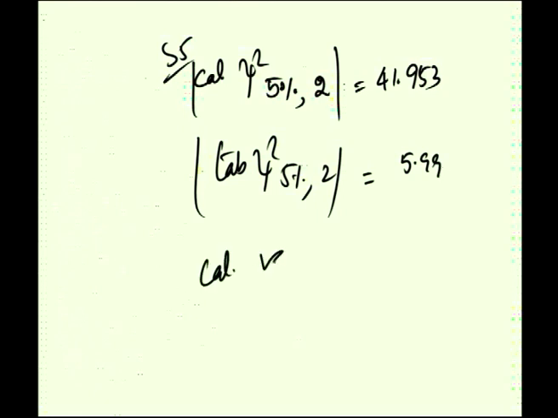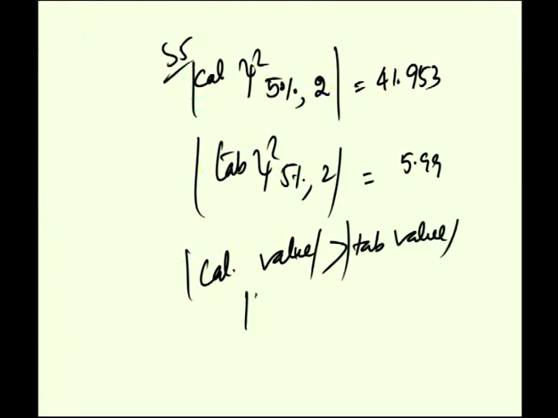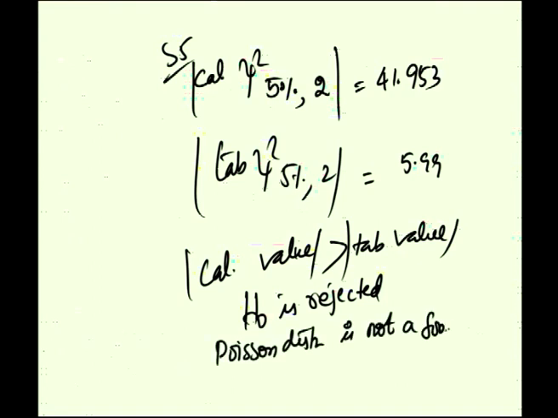The calculated value is greater than the tabulated value. So, H naught is rejected. When H naught is rejected, we say that the Poisson distribution is not a good fit for this data. That is the conclusion we can give.